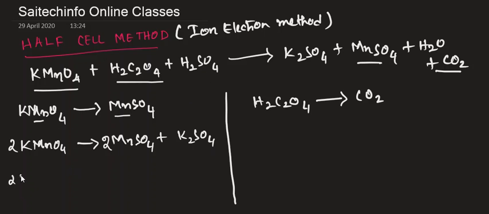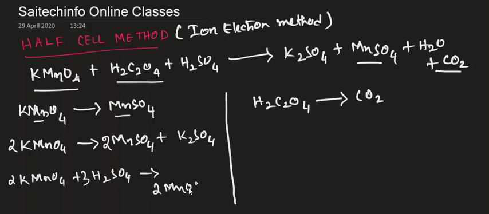So 2 KMnO4 plus H2SO4. That is 3 moles of H2SO4 can be added so that it would be balanced.